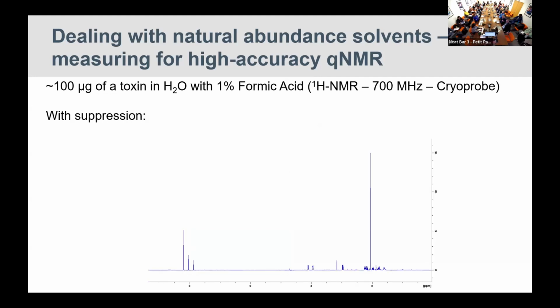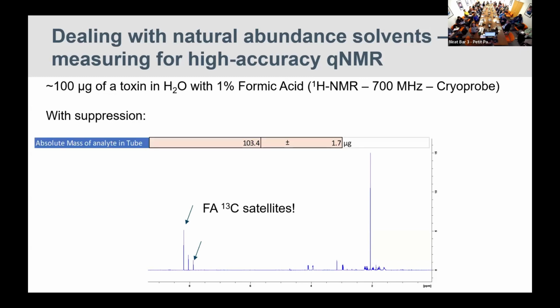So this is what this thing looks like with suppression. Then again, you can see the carbon-13 satellites here, and they are not perfectly symmetric because this sequence is not as selective as the other one, because we are trying to keep the pulses short. But then again, we just have to make sure that we are not quantitating anything within that region where we still have some residual suppression, and we know exactly the width of that region.